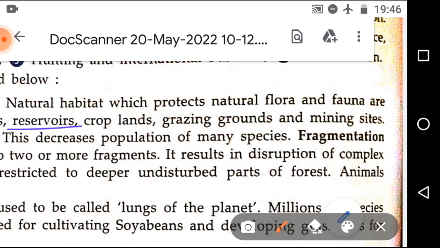So reservoirs are the places where water is stored for agricultural purpose, for the cities, and due to which the forest will be flooded, submerged underwater. Croplands, grazing grounds, and mining sites. So we are converting the ecological niche of those plants and animals into our human settlements.